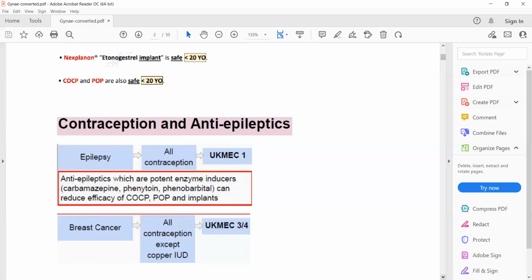But if she is looking for contraception for more than a year, such as 2, 3, 5 or 10 years, then we'll go for a long-term option such as Nexplanon, which provides contraception for 3 years, and IUD, which can provide contraception for 5 to 10 years.